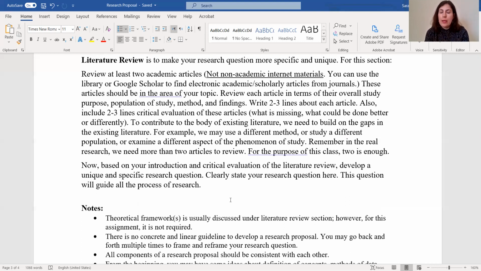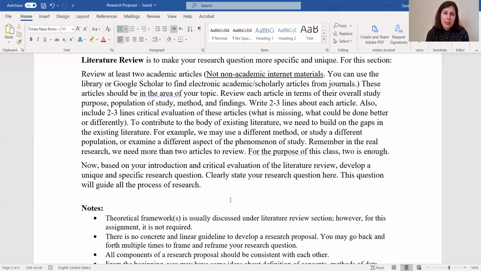And for this assignment, I requested you to review at least 2 different articles, and please find academic articles, academic papers. Don't go through the websites because that's not sometimes really academic or scientific research. I'm gonna ask you to go through Google Scholar or the library and find some electronic papers.